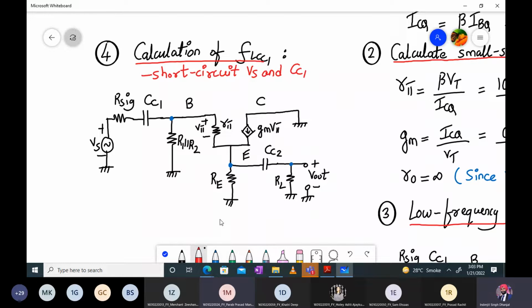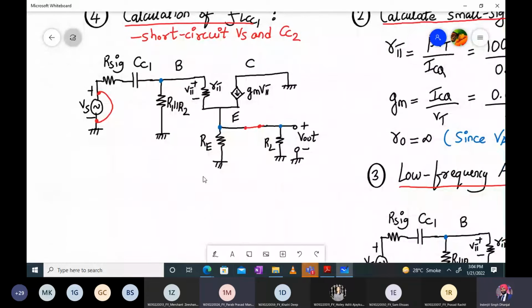Sorry, CC2, not CC1, CC2. So how do we do it? We will take this and short circuit the VS source, and then at the emitter side over here, we will again short this.